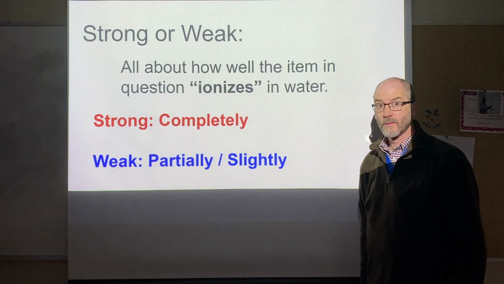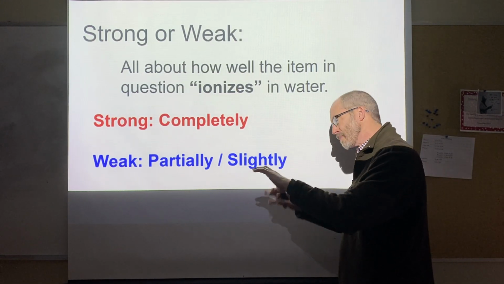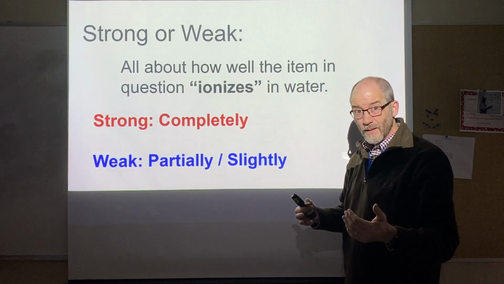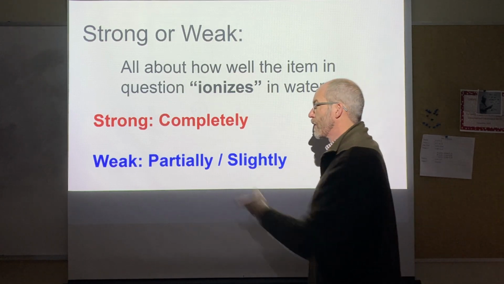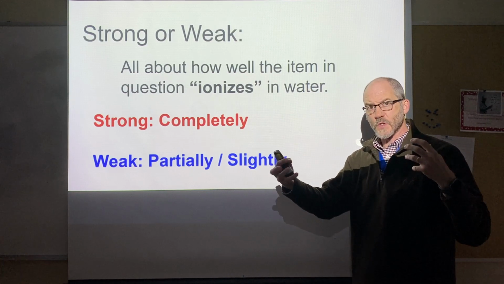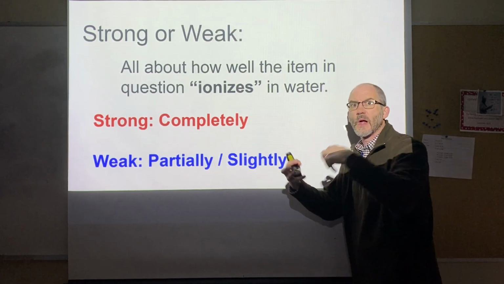It's strong. So you mean strong isn't really numerical, it's more just conceptual on how well you can ionize? Yes. Well, what if you're weak? Well, if you're weak, then you only partially ionize or dissociate, or in other words, only slightly.